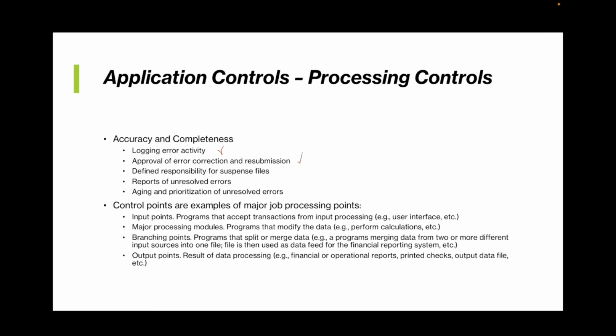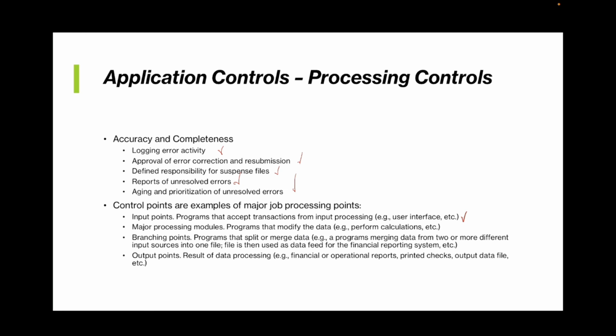Define responsibility for suspense files, reports of unresolved errors, and aging and prioritization of unresolved errors. There are several control points, which are examples of major job processing points as an application control. First, programs that accept transactions from input processing, examples are user interfaces. Next, major processing modules.